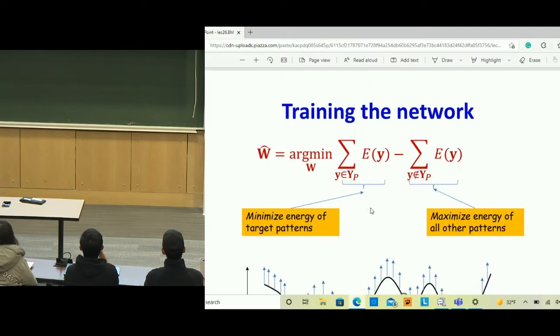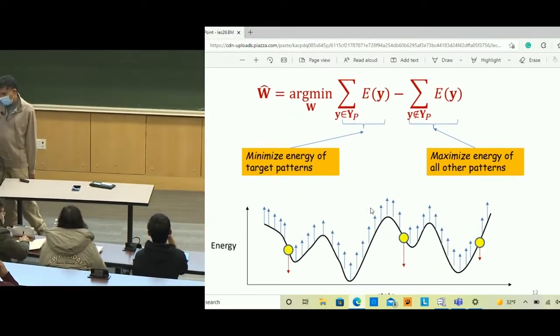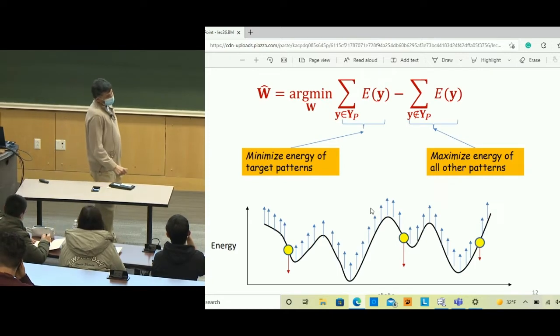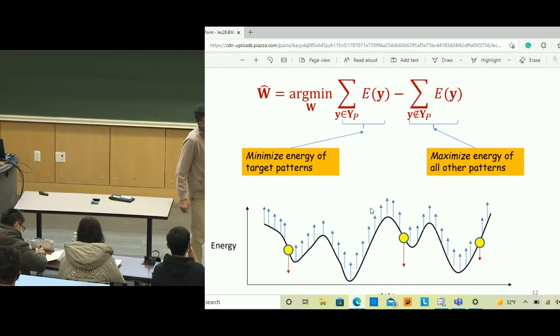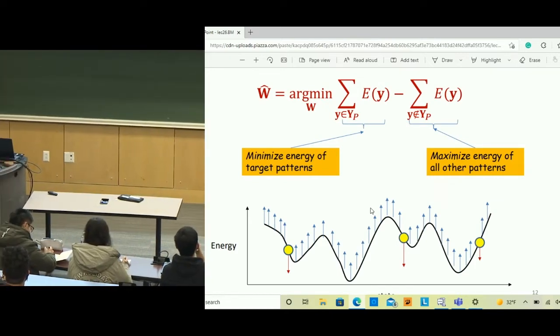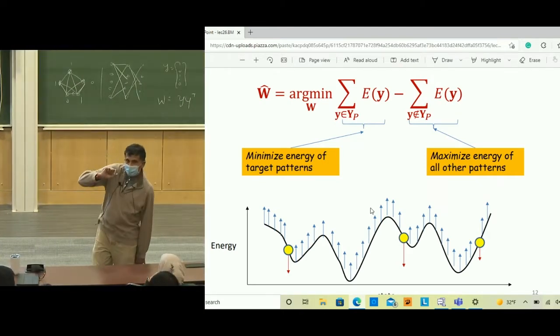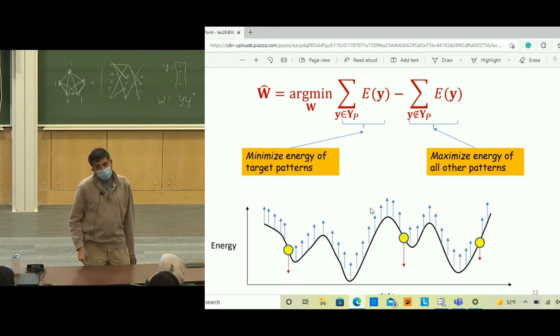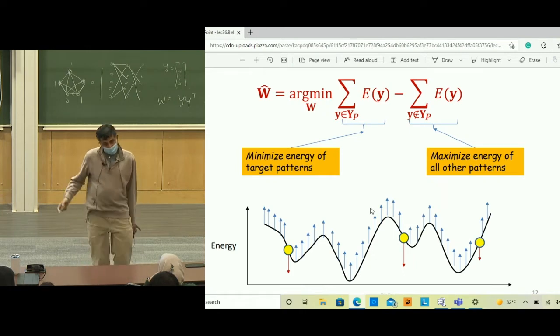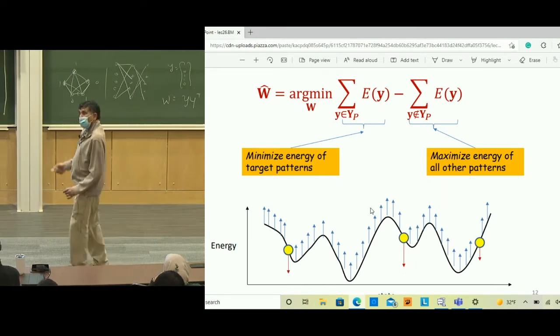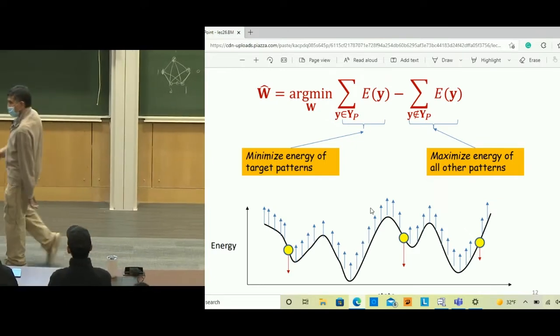Now, here's what we saw we could do. Using the same rule, I can say I'm going to try to find the weights such that the sum of the energy in the target patterns is minimized, and the energy in all of the remaining patterns is maximized.